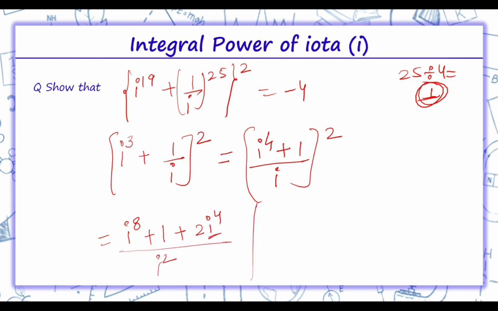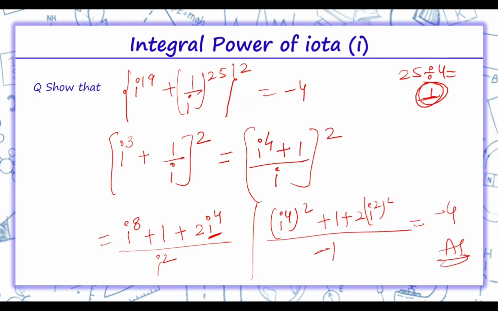Now as we know, i to the power 4 is 1. Here also i to the power 4 into 2 will be 8. So i to the power 4 into 2 plus 1 plus 2 i square upon i square is minus 1. So when we solve over here, 1 plus 1 is 2, 2 plus 2 is 4. So minus 4 we got, and hence LHS and RHS both are equal.